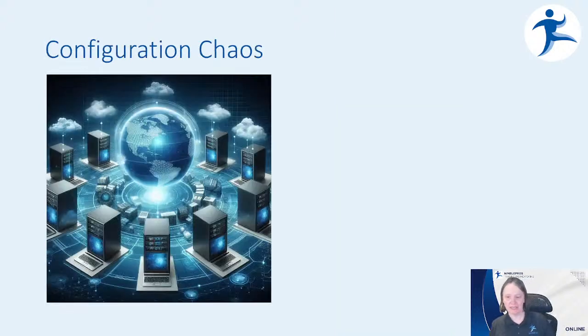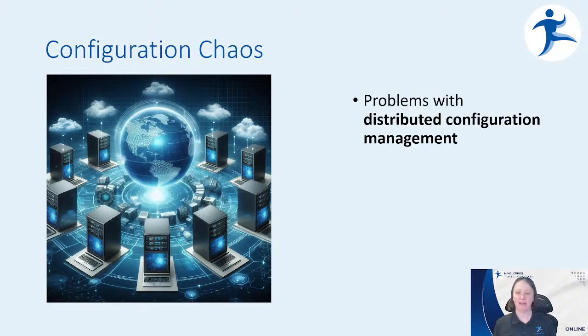All right, configuration chaos. This is our second last scenario. Again, sometimes configuration in a distributed environment could be a challenge, but distributed configuration management doesn't have to be difficult. If you think about a large application like microservices that have various configuration settings, so database URLs, API keys, feature flags, things like that.